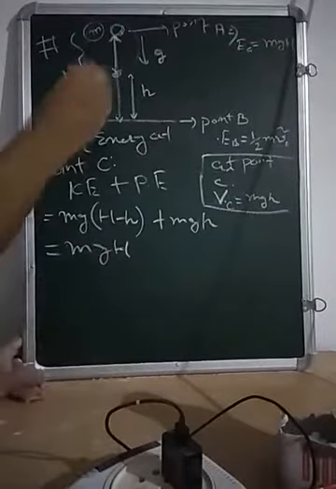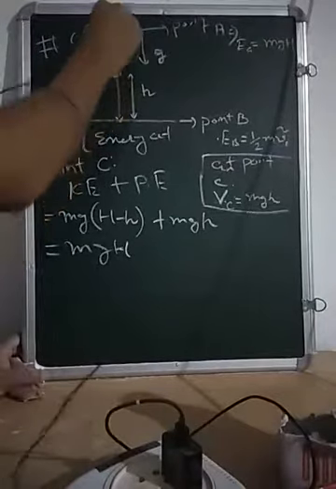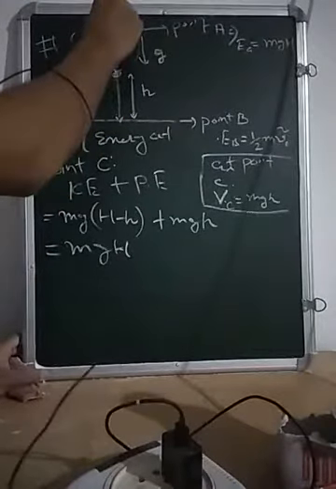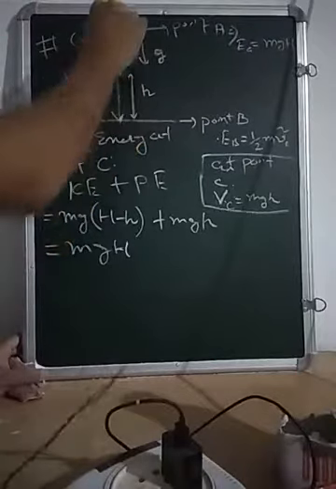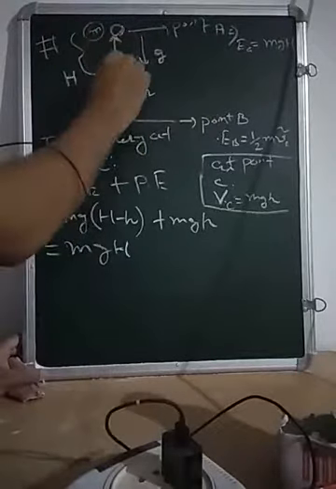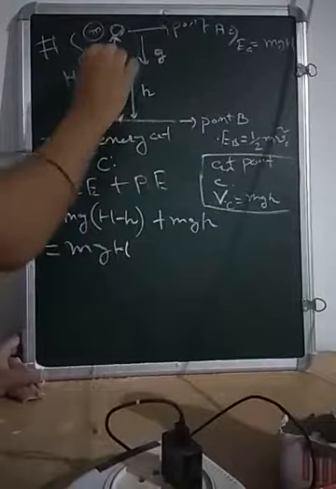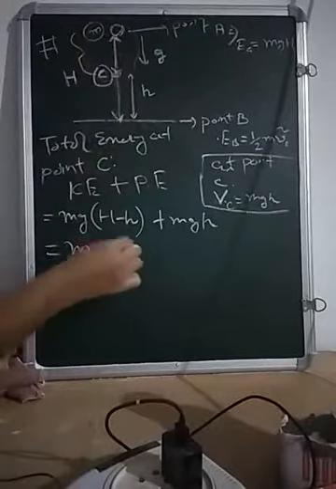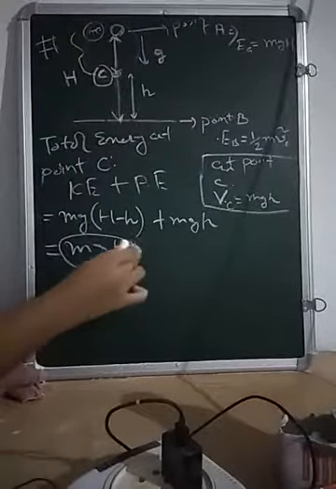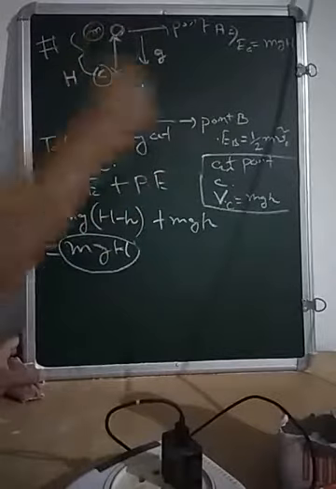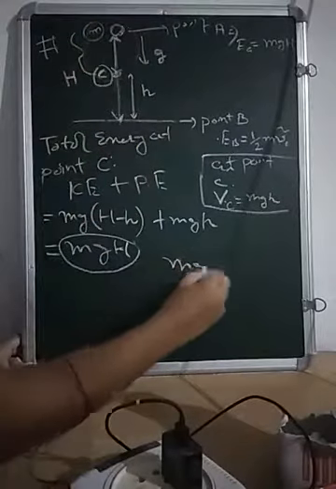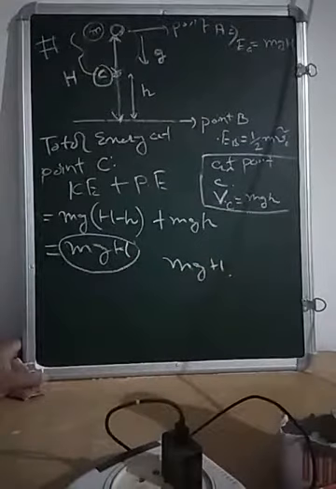I have taken an arbitrary point C between the initial and final positions, between the highest and the lowest point. What is the total energy at any arbitrary point between A and B? It is also mgH.